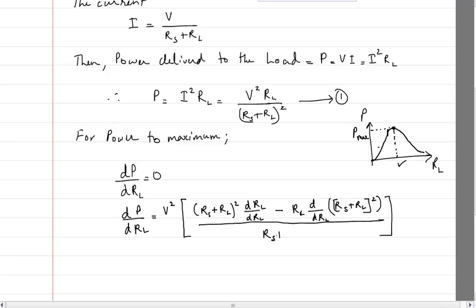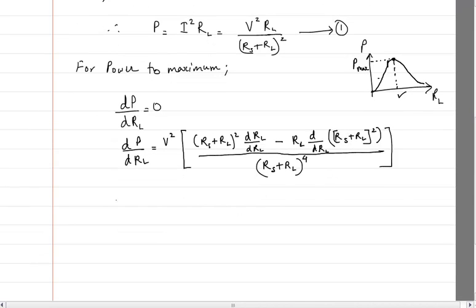So it is RS plus RL square, the whole square, which will give me the fourth power. Let me do this. So dP by dRL is going to be V square as such. Now let us see what happens in the numerator.